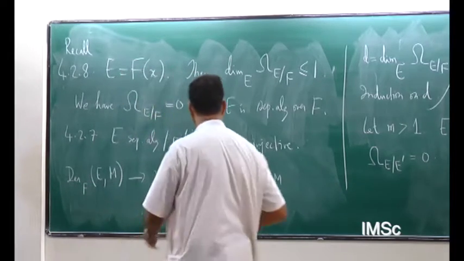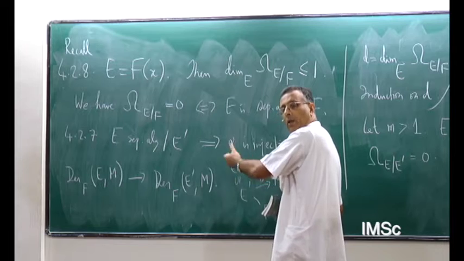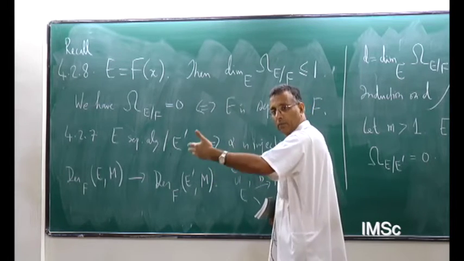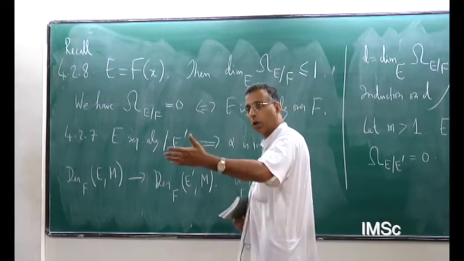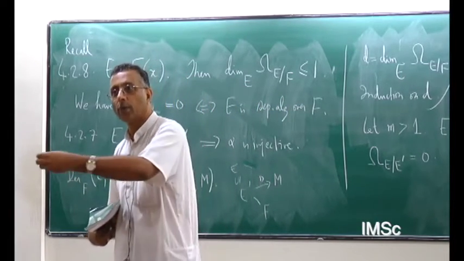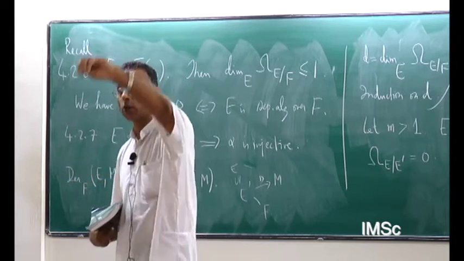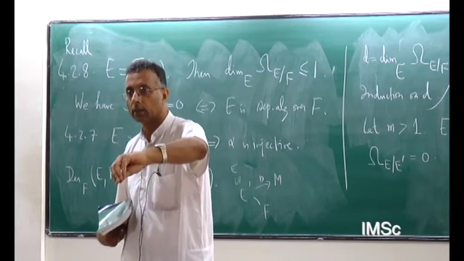You look at subfields of E, lifts, right, and do Zorn's lemma if it is required, to make sure that there is a maximal one. Okay, and then you show that that maximal one has to be E, right?